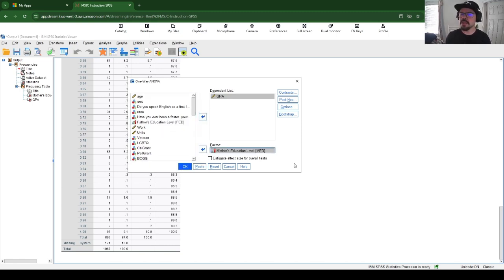Now, like I said, this may look a little bit familiar to when we were conducting a t-test. And if you happen to recall, when we placed the t-test variable into the grouping variable option within the t-test, we were presented with question marks. And those question marks were SPSS's reminder to us that within that variable, we need to select which two groups are being compared.